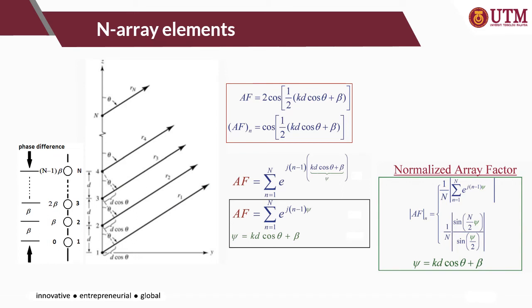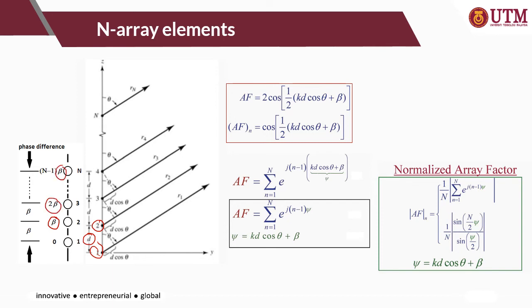Previously we have seen a 2-element array. Now if you have more than 2 elements, up to N array elements, the geometry or configuration looks something like this. For example, the first element and second element are separated by distance d, and the phase excitation difference between each element is given by beta.